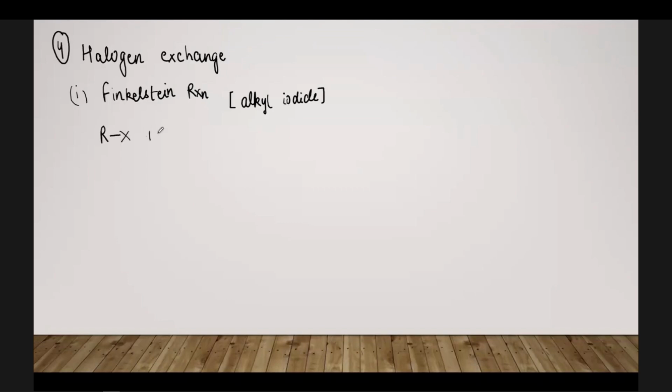RX plus sodium iodide will give RI, that is the alkyl iodide, plus NaX.